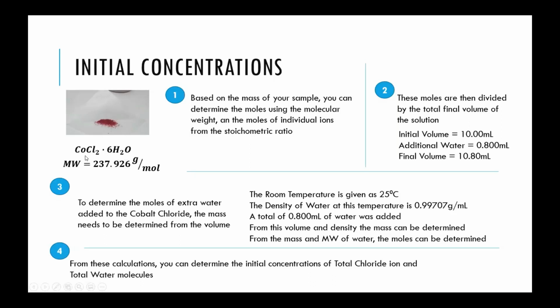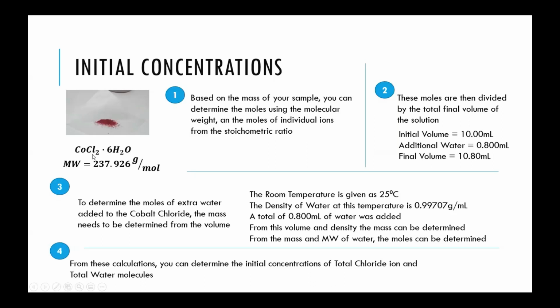And because this is a hydrated solid, there is water already contained in that red powder. That's why cobalt chloride hexahydrate is a red powder, where cobalt chloride anhydrous, meaning without water, would be a blue powder. You're starting off with the red powder primarily because it's cheaper.